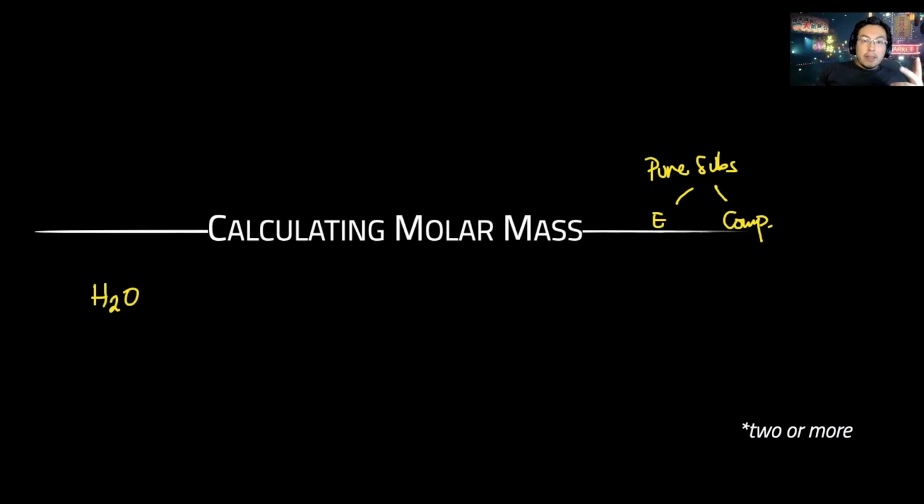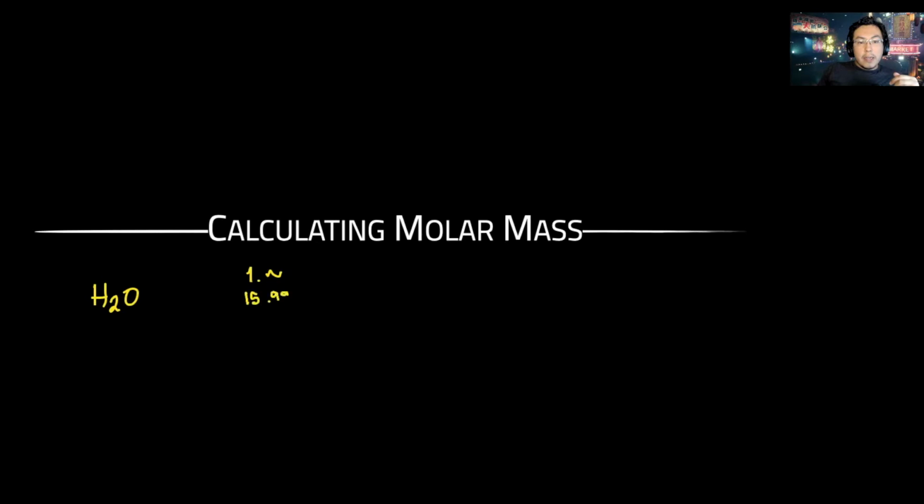So meaning that in order to get the molar mass of a compound, we first need to know the molar mass of each element. For this example, we can check the periodic table for hydrogen. And what's the molar mass of hydrogen? It would be 1 point something, right? And for oxygen, we will see that it's 15.999, right?